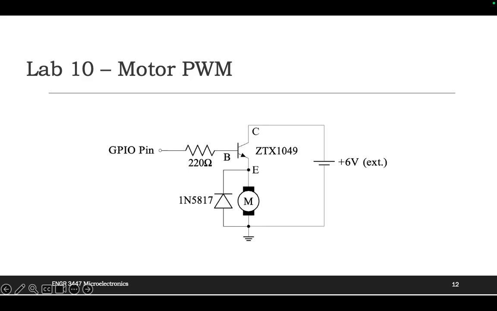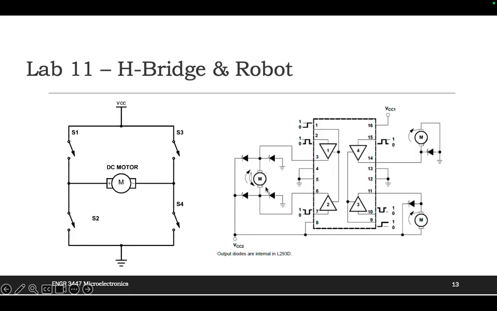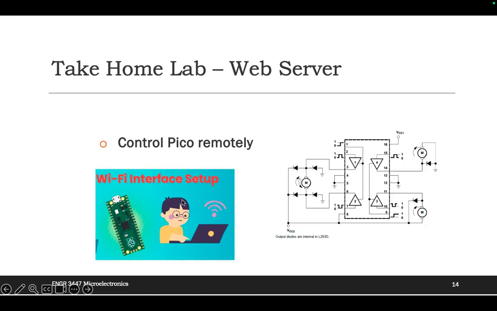And lab 11 also: we used the H bridge to control the motor's speed and direction. And then the take-home lab, where we used the web server to control this motor, for speed control and direction control.